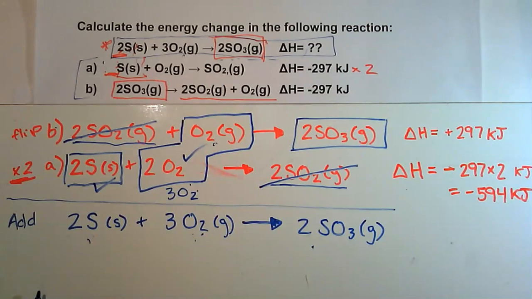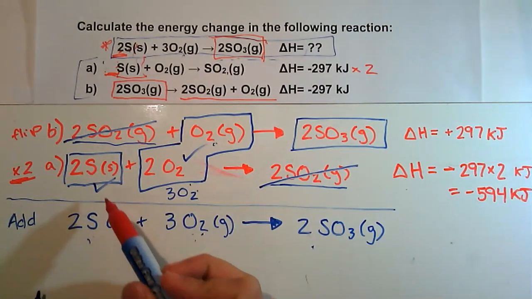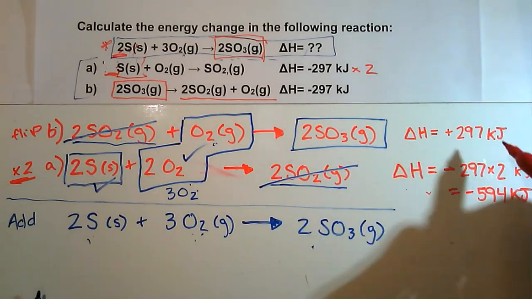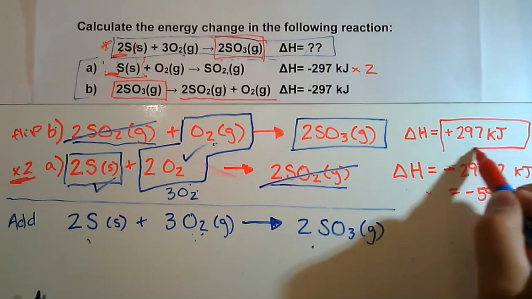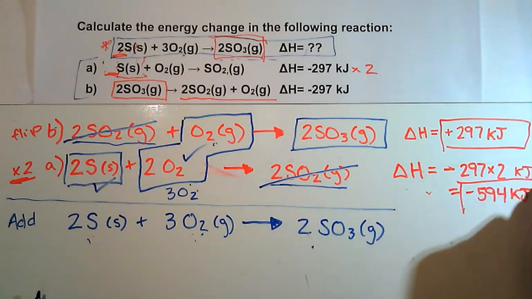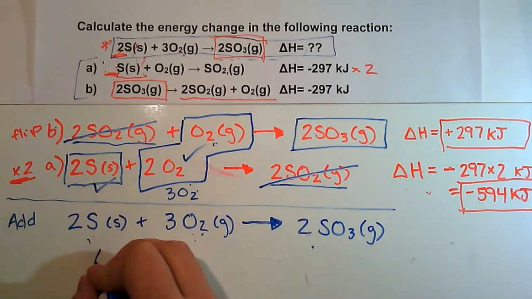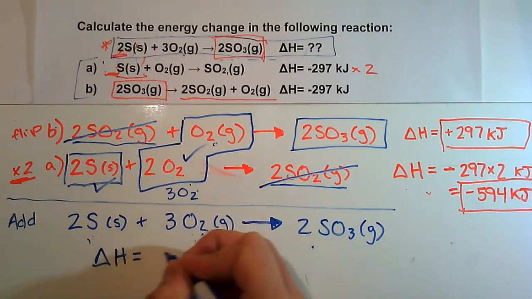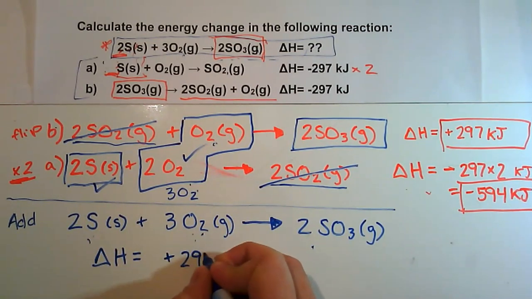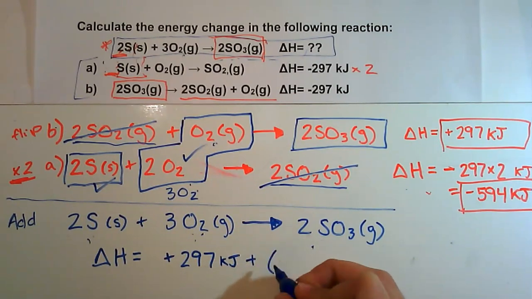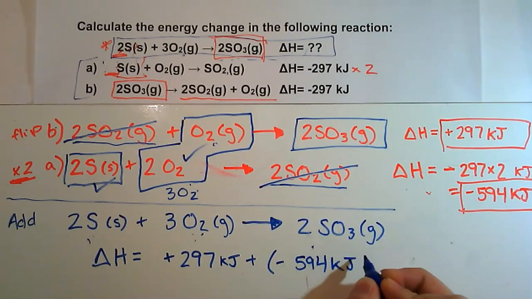Alright. And since I added my equations together, Hess's law says that I can also add my delta H values together to get my delta H of my target equation. So the delta H of my target reaction equals positive 297 kilojoules plus a negative 594 kilojoules.